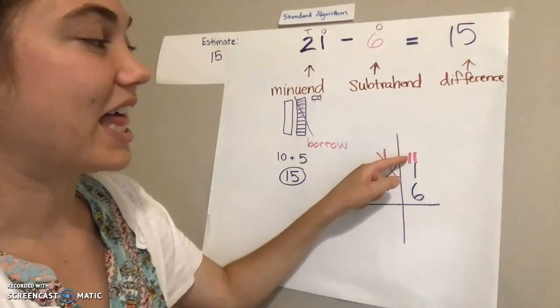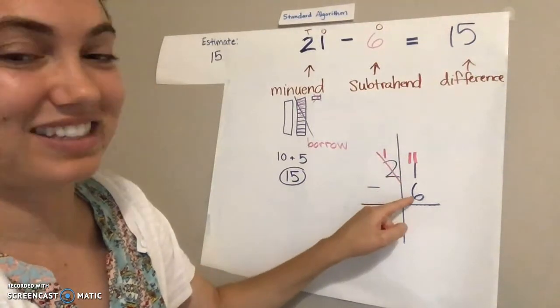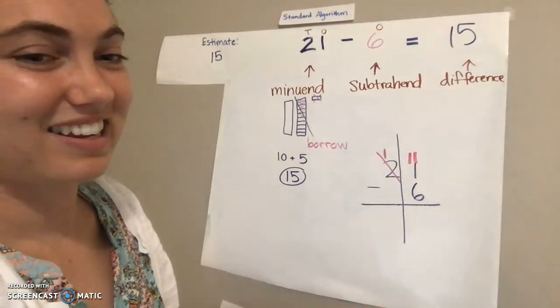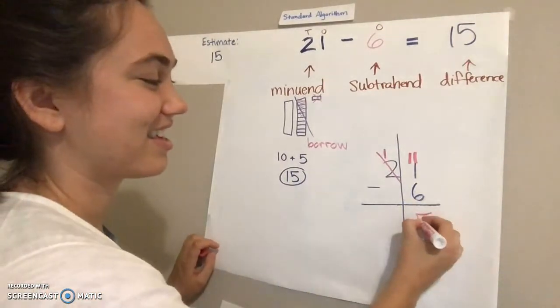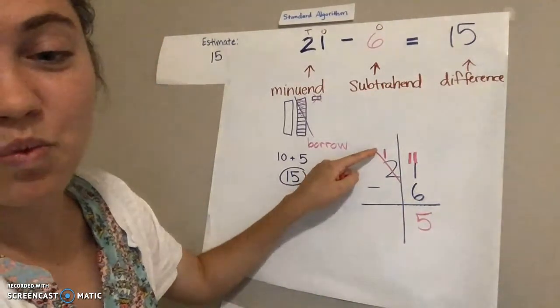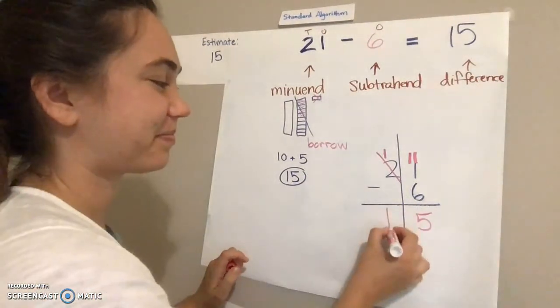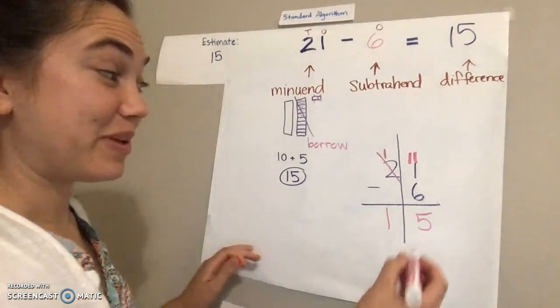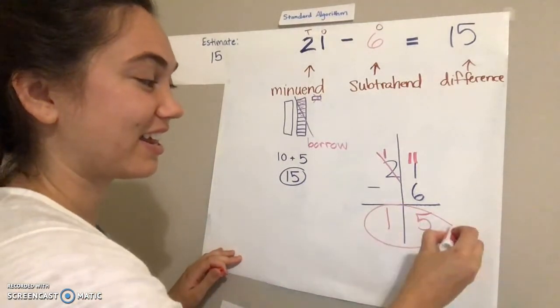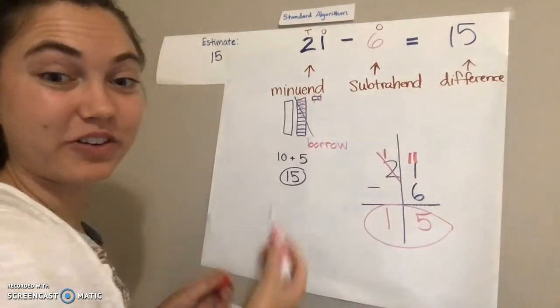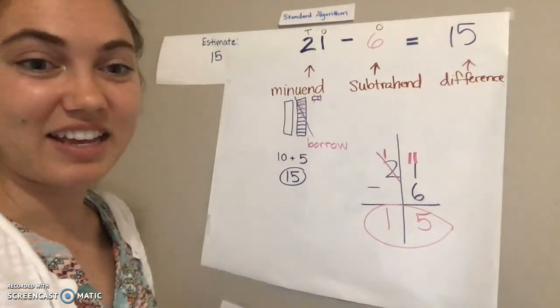So what is 11 minus 6? 5. What is 1 minus nothing? 1. So, did we get the same answer as when we regrouped? We sure did.